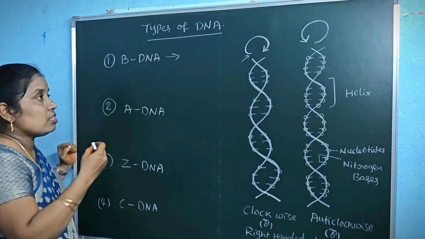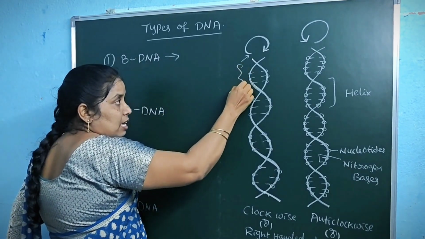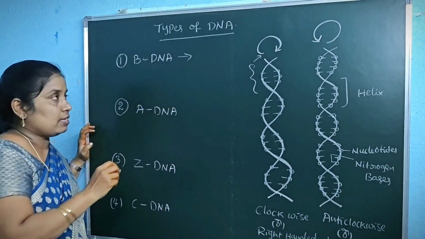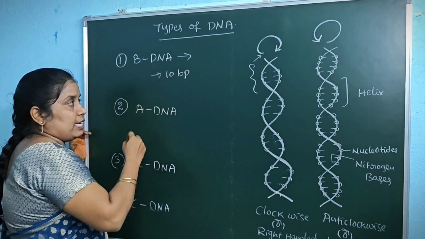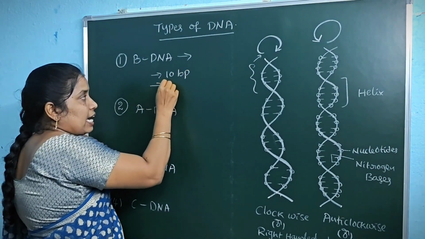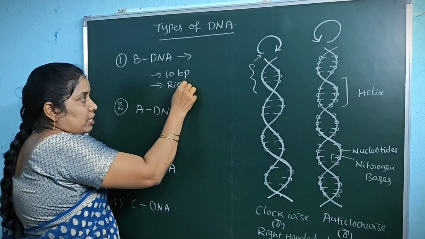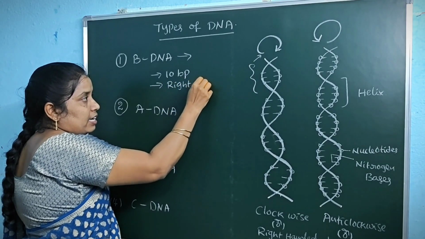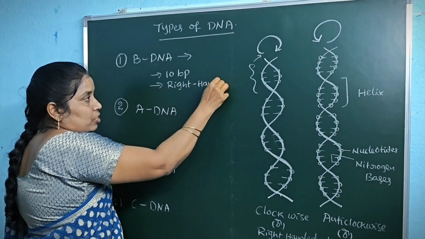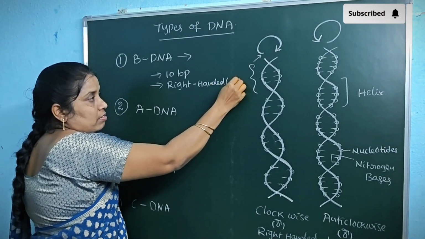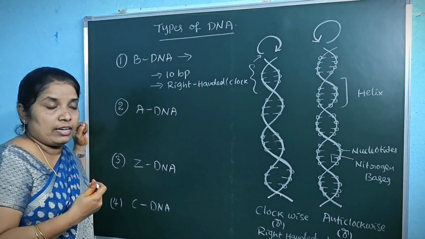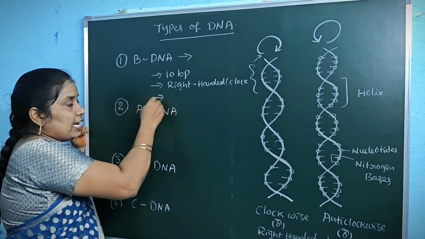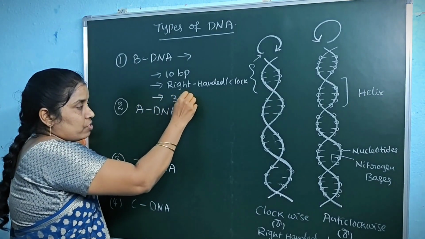Also, 10 base pairs are arranged per helix, in a right-handed helix manner, or clockwise. The pitch of the helix is 34 angstroms.